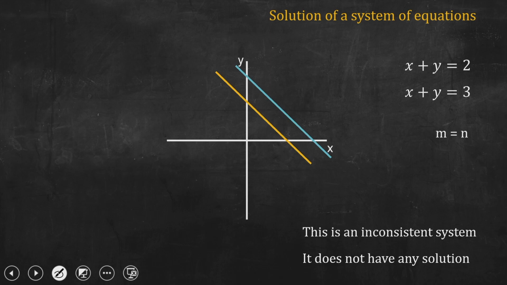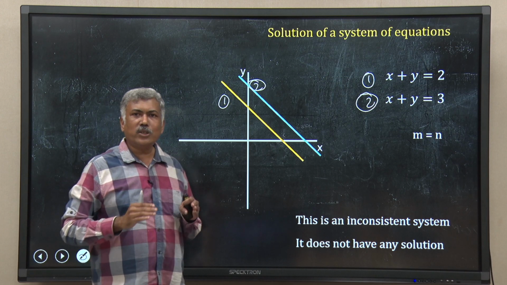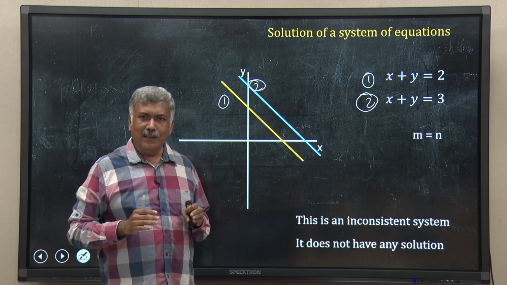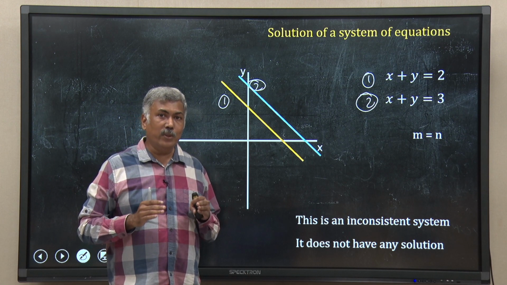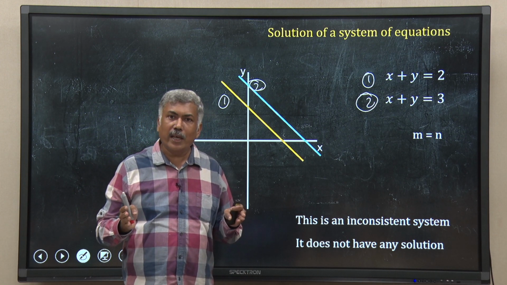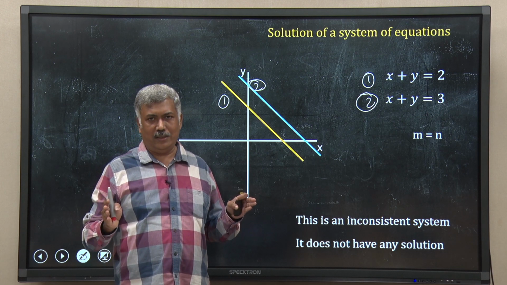These are the two equations, and I have the two plots. This is one and this is the second one. You can see these two straight lines are parallel to each other. So, they do not intersect. There is actually no solution to this.